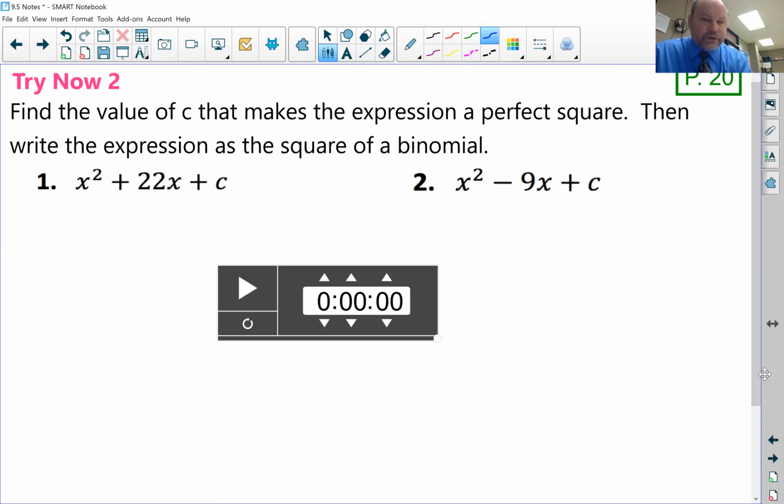All right. So for each of these, for number one, C would be 121, and the expression would be x plus 11 squared.